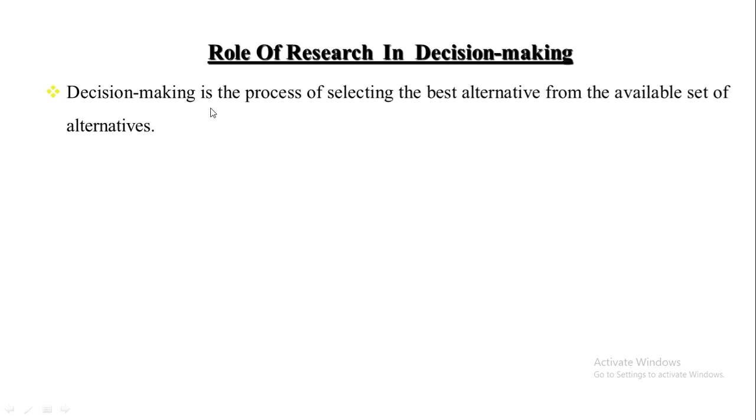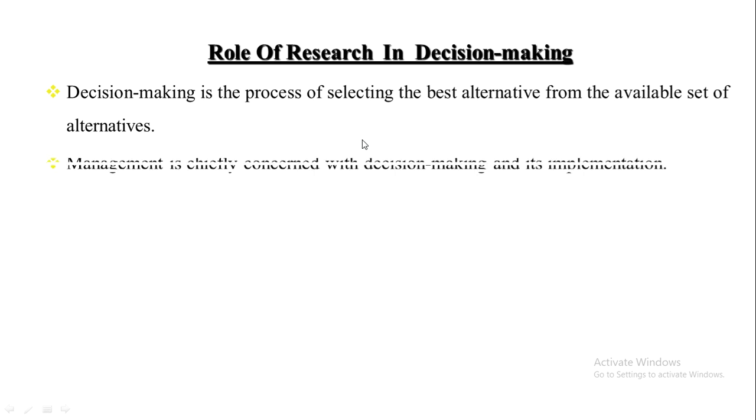Research is not only for finding a solution or discovering from known to unknown, but it is also used for decision-making problems. Decision making is the process of selecting the best alternative from a valuable set of alternatives.